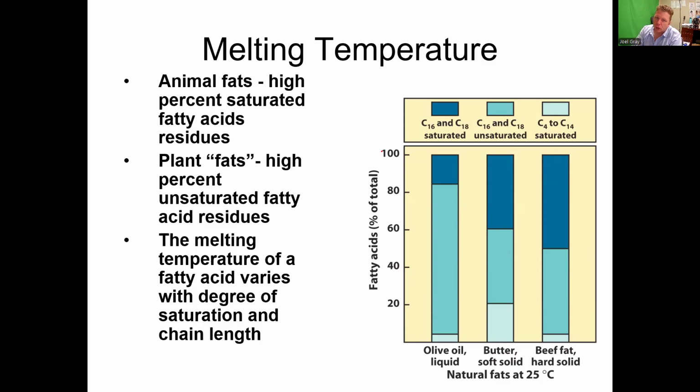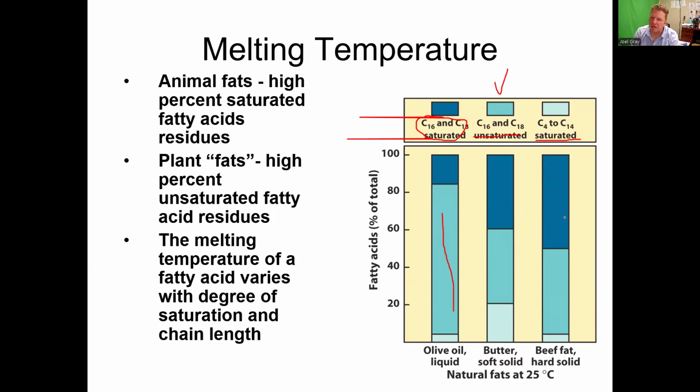So here what we show in this figure is the overall composition of olive oil, butter, and beef fat. So we've got 3 different kinds of renderings. We've got 16 and 18 carbon saturated, 16 and 18 carbon unsaturated, and 4 to 14 carbon saturated fatty acids. Now, if we look at olive oil, it's mostly this one right here, our 16 and 18 carbon long unsaturated fatty acids.